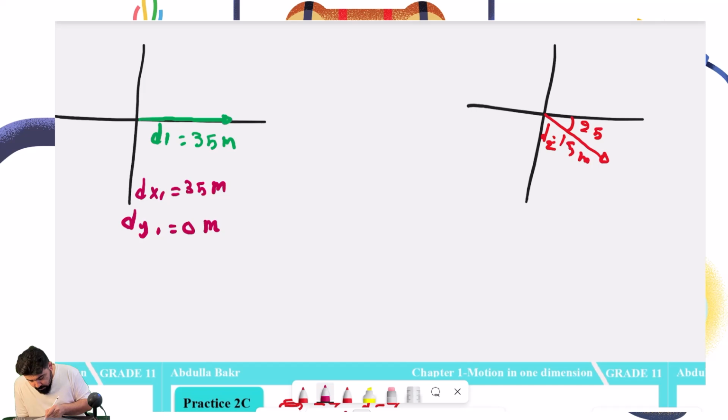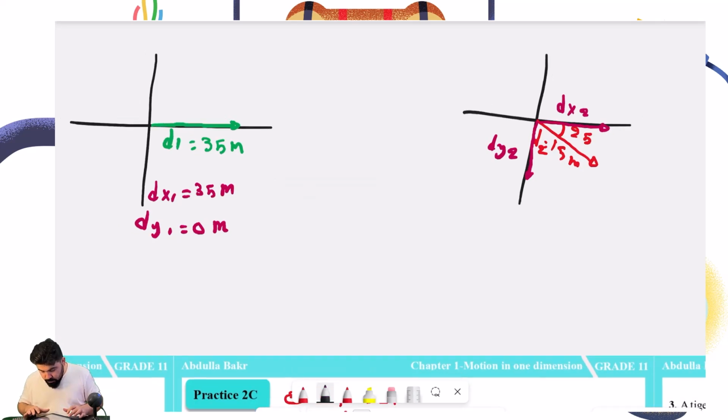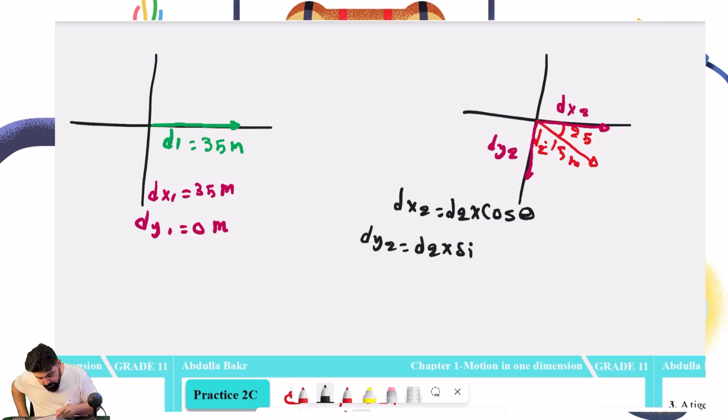For this one, of course, I'm going to analyze it into two components. This is going to be dx2, and this one is going to be dy2. Now let's calculate this. We have dx2, which is equal to d2 multiplied by cosine theta, and dy2 is equal to d2 multiplied by sine theta.